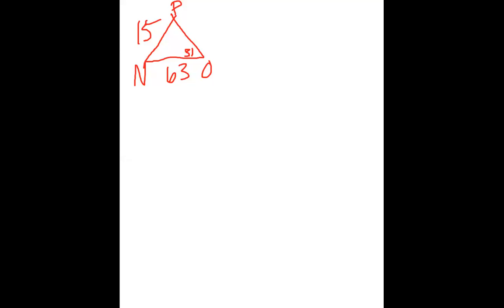So the first example I have is where we just have no cases of the triangles. And so in this example, I went ahead and drew it out, but we're going to set up the problem. And we have sine of 31 over 15 is equal to the sine of angle P divided by 63.